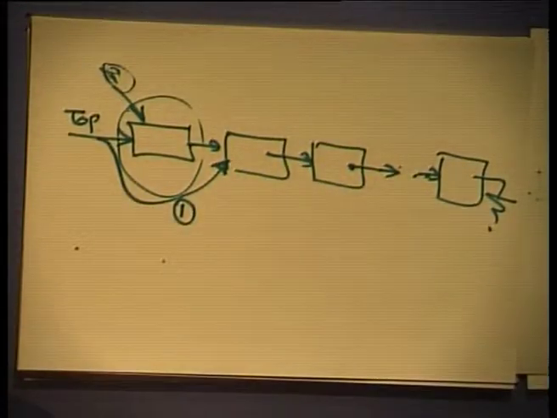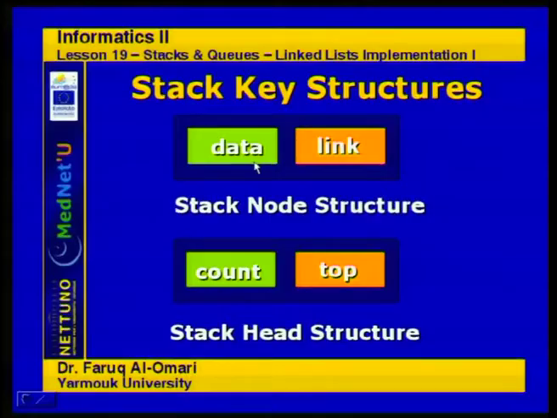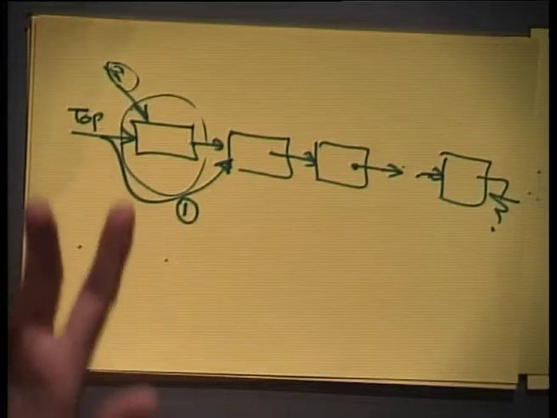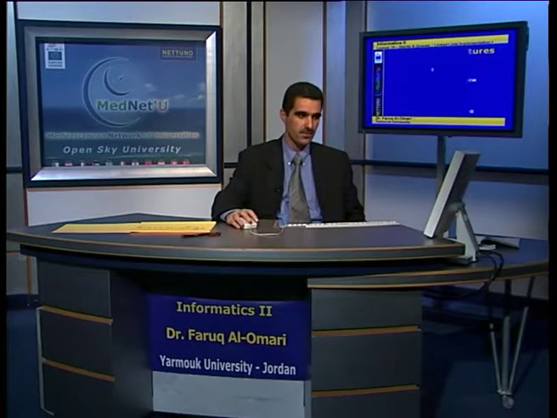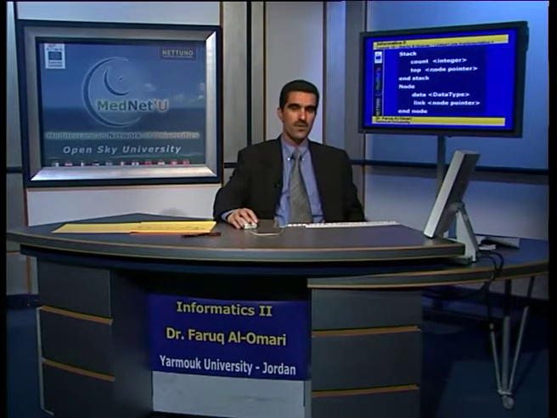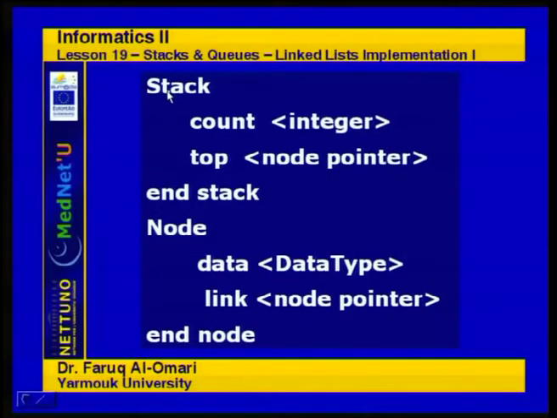All right? So these are the 2 structures. This defines the node, and this defines the head of the structure or the top of the structure, which is basically a pointer to the node and a count, counting the number of nodes contained in my structure.